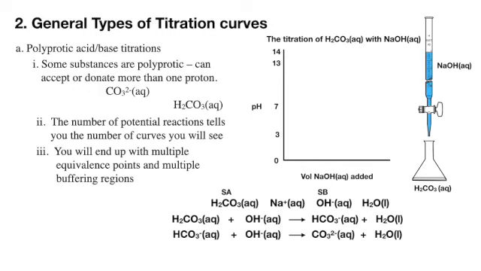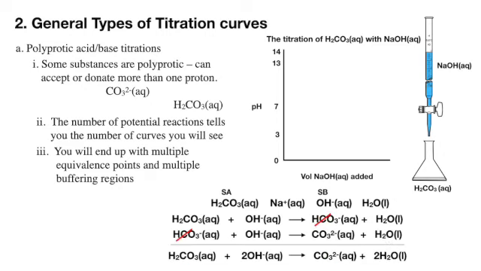And then HCO3 negative throws away another proton and turns into CO3 2 negative. So I cancel those out because they're on both sides. And H2CO3 has reacted with 2 hydroxides, which means we have 2 verticals in the graph. 2 protons, 2 verticals. Okay, which means we also have 2 equivalence points and 2 buffering regions.